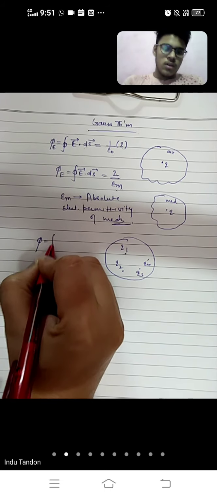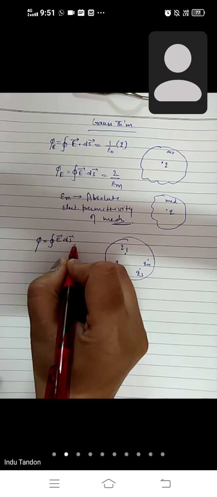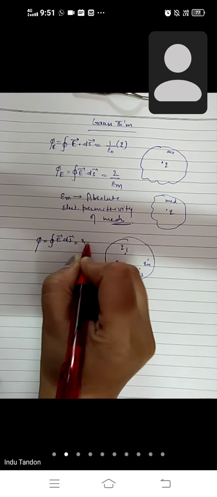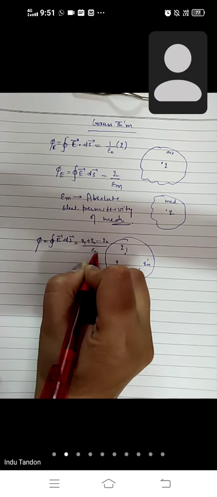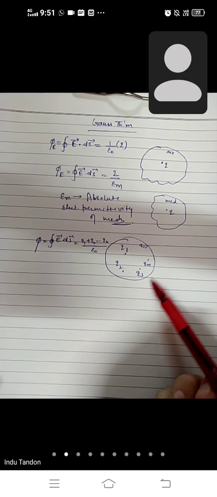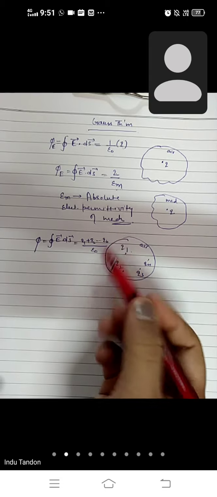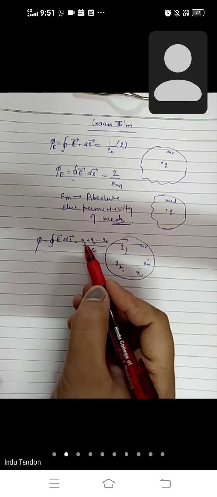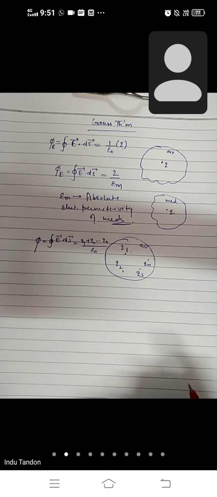The flux is the integral of E dot ds equal to q1 plus q2 plus up to qn divided by epsilon naught, suppose air is present. If the surface includes N number of charges, you will take the total charge. Is it clear?